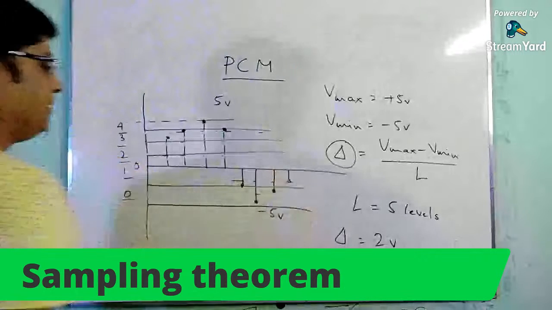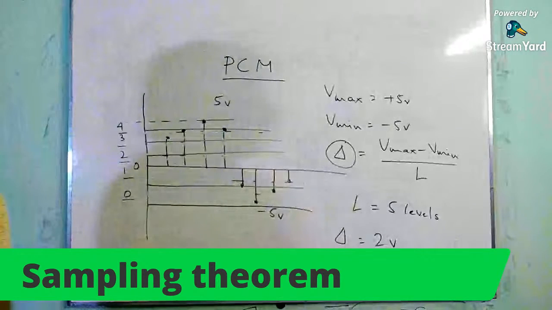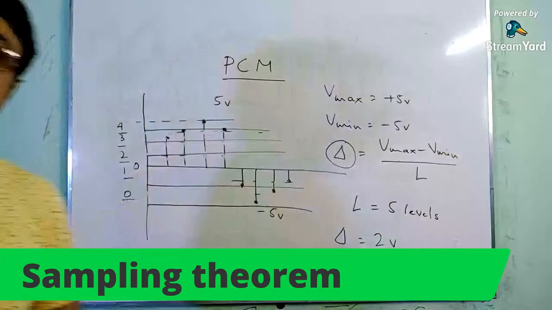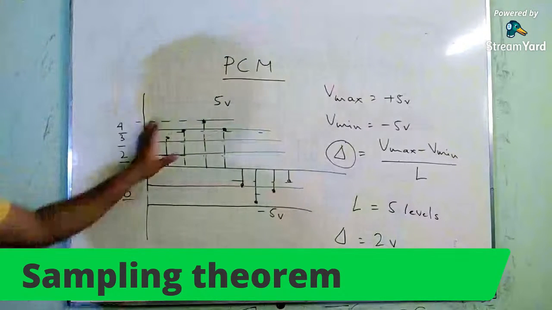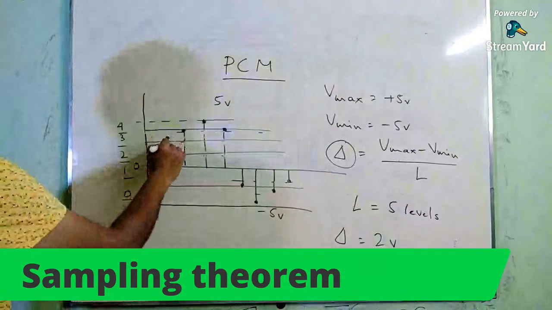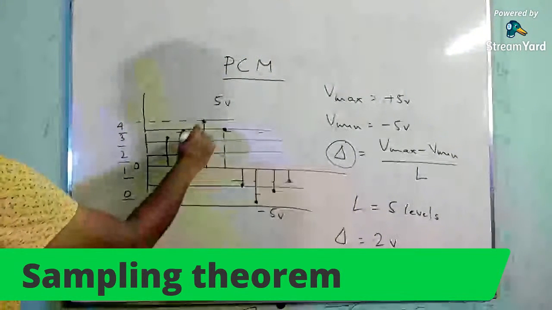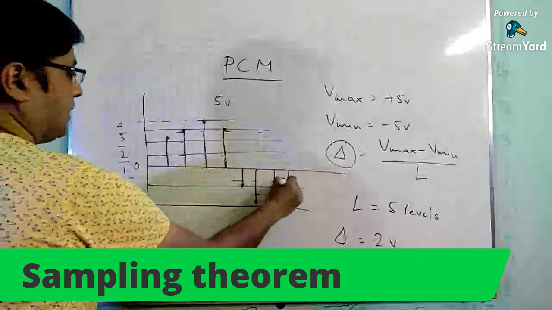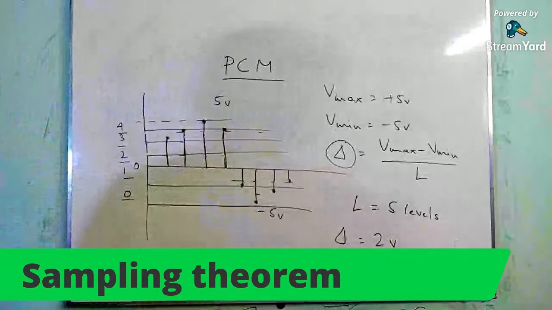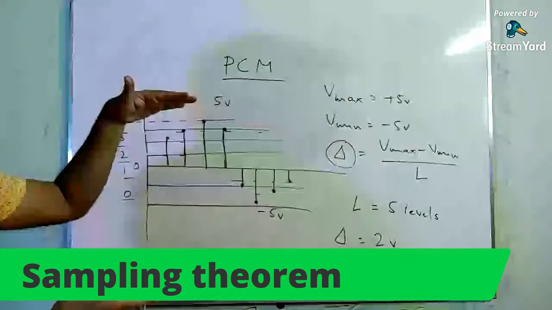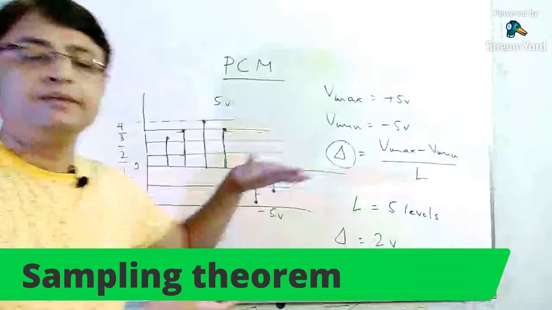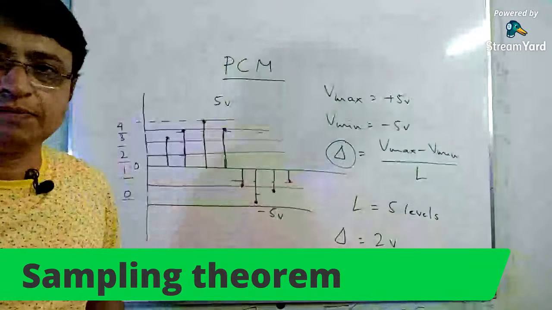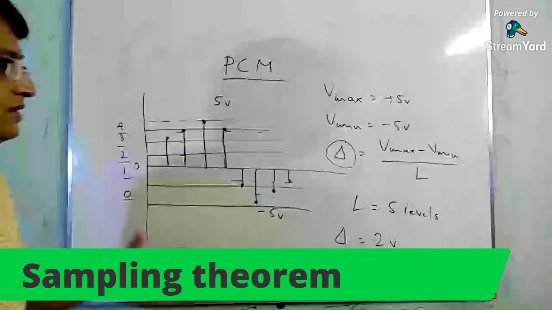So actually what I have done, initially after getting the sampled values from the analog signal, these are the sampled values. After that, I consider that this entire range, that is 10 volts here, is divided into different levels.